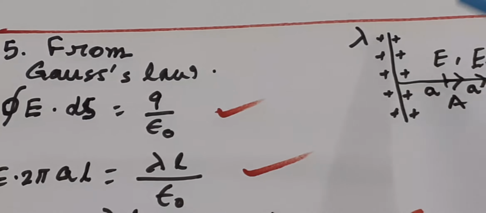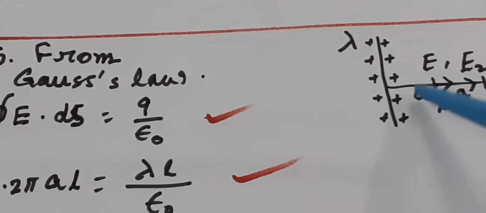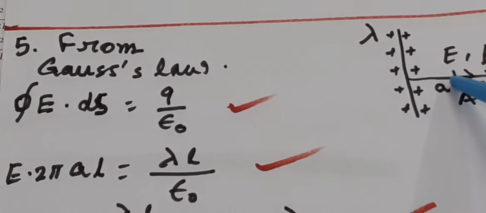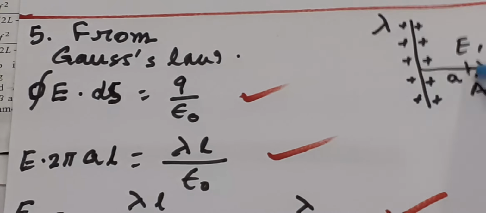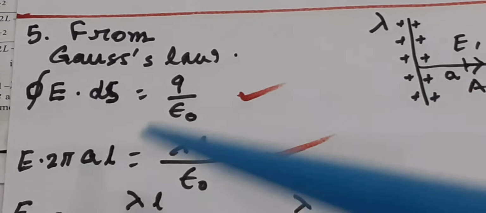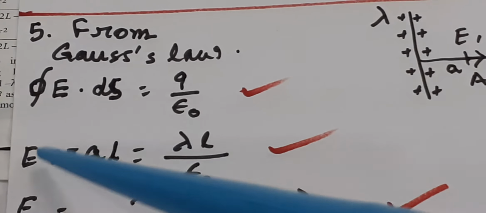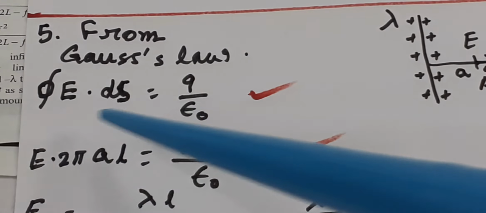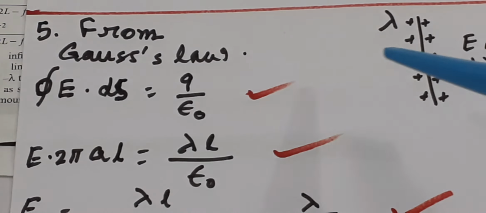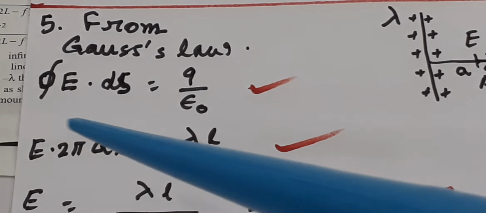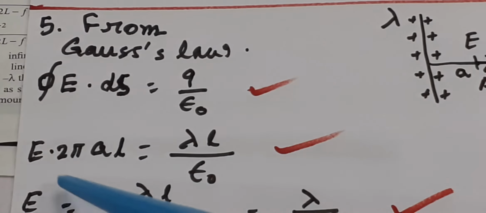Now, around this conductor, you can imagine one suitable cylinder, a suitable Gaussian surface, that is 2 pi, perpendicular distance A into height L. That means curved surface area will be 2 pi A L. E dot ds both act in the same direction. Area vector radially outward as well as E vector also radially outward. So cos 0 will be there. So it is not shown here.